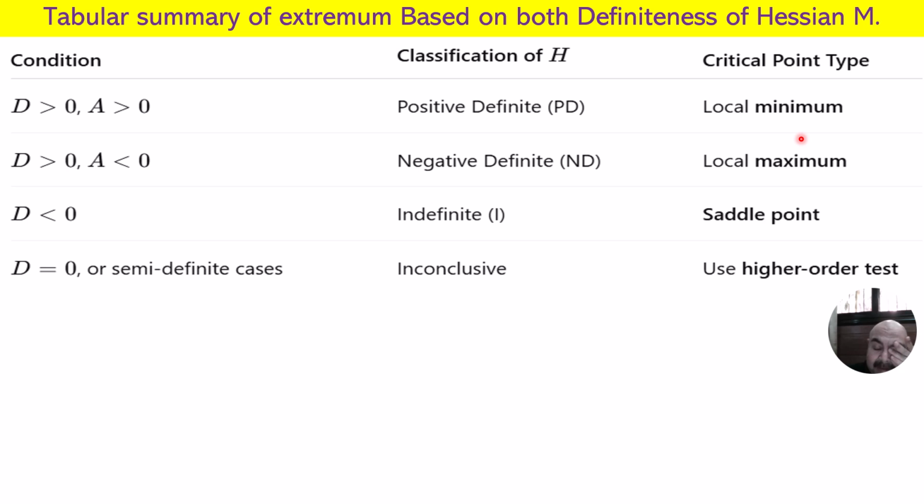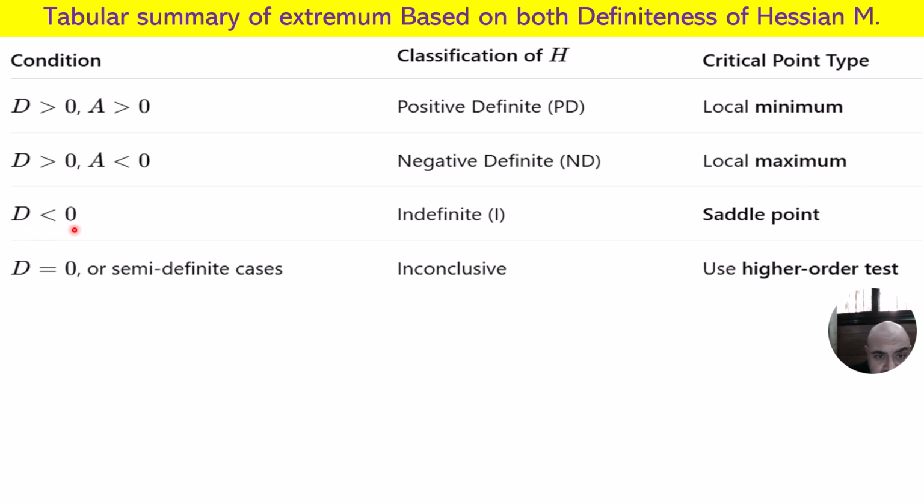So that's the link between the principal minors and the sign of the value of the determinant of the Hessian matrix and f double x. If I have the value of the determinant of the Hessian matrix greater than 0, but the value at the critical point f double x is less than 0, this is going to be exactly the same when you have negative definite case, and you will have a local maximum point.